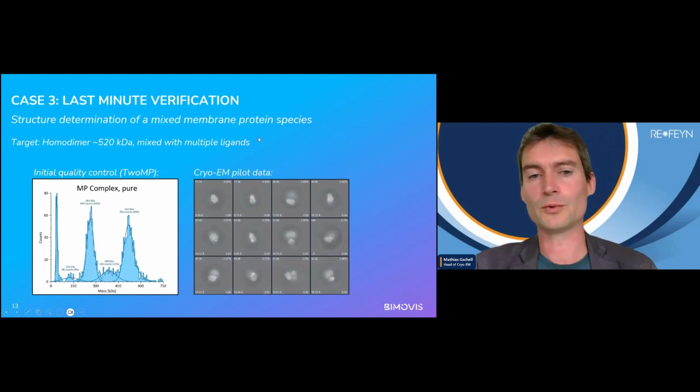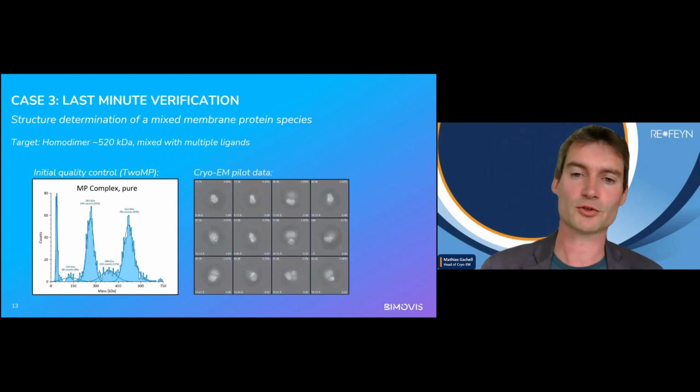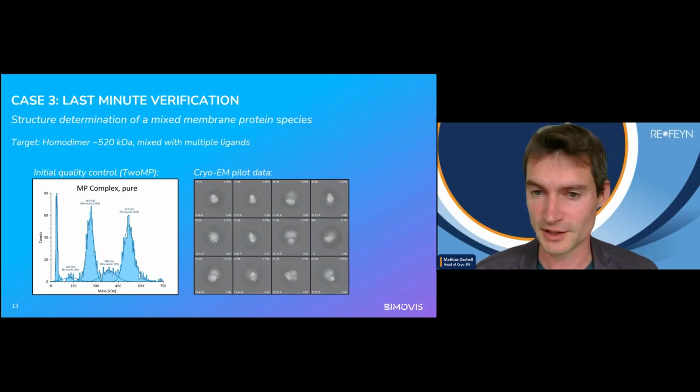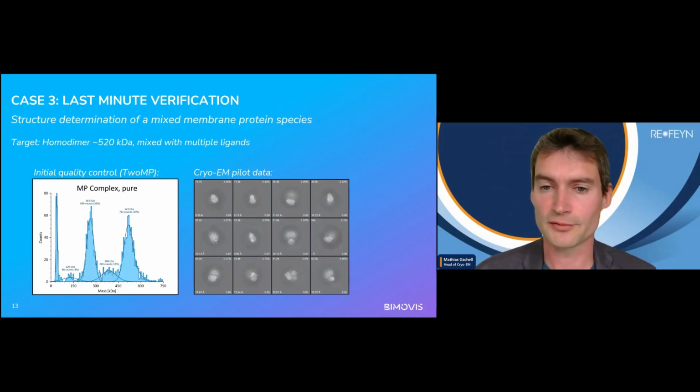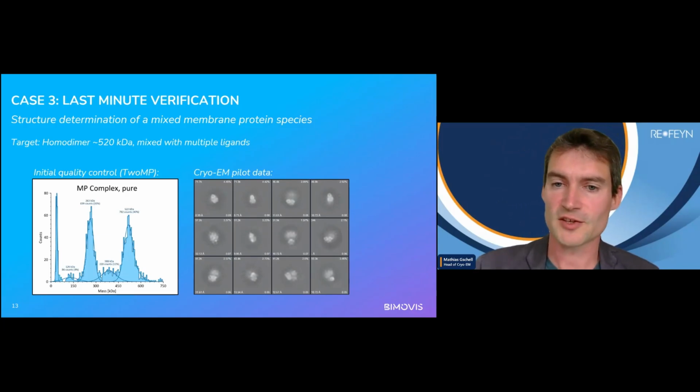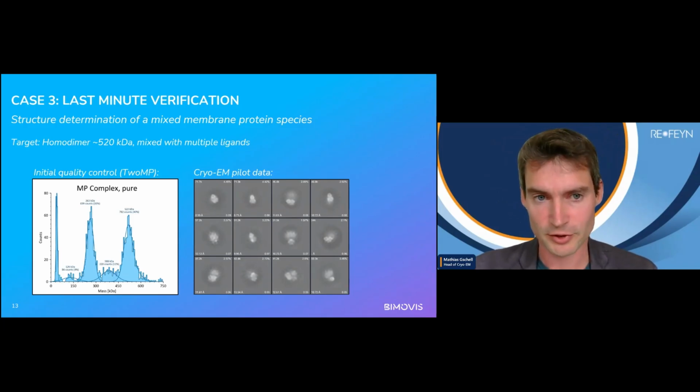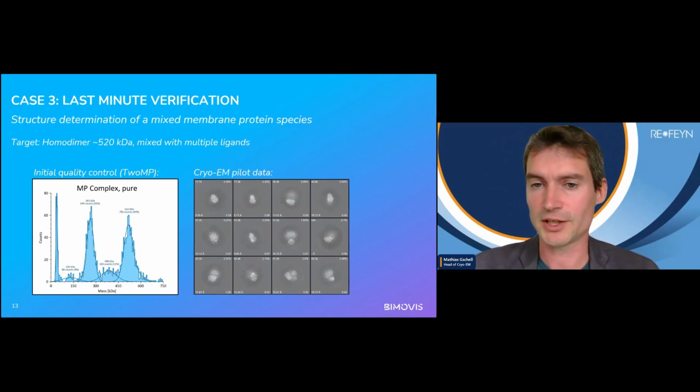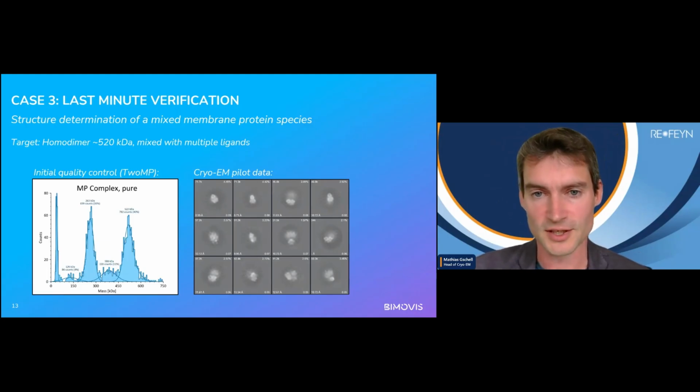If we use this sample in Cryo-EM, the pilot data immediately was reason for caution. Basically, we expected to have primarily monomer and dimer in here, and especially the dimer with half a megadalton of size should give a very large and easily identifiable particle in this data, even if pilot data is slightly lower resolution.